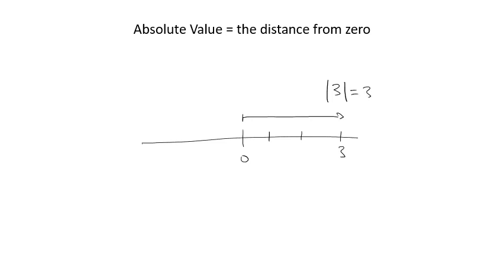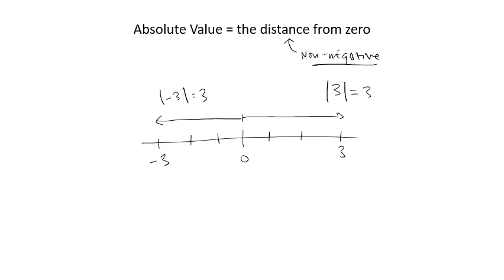Now, if we go the other way, 1, 2, 3, so we go back to -3, then the absolute value of -3 is also going to be 3. A distance is always going to be non-negative, right? So we're never going to have a negative distance.